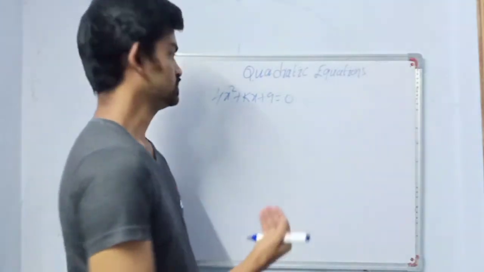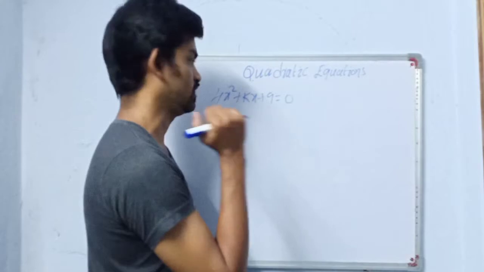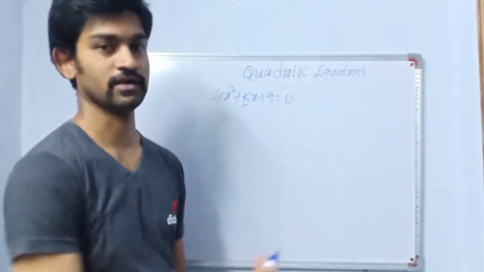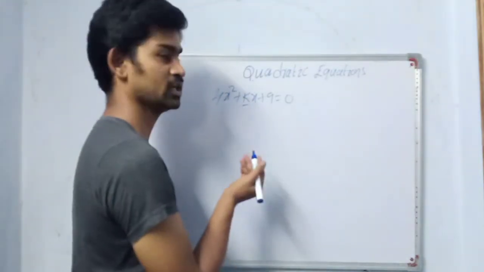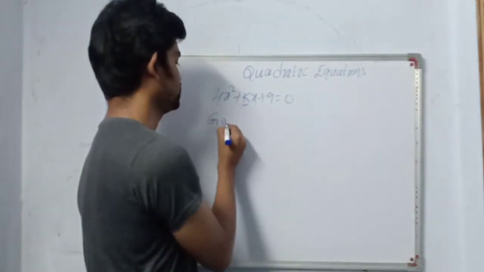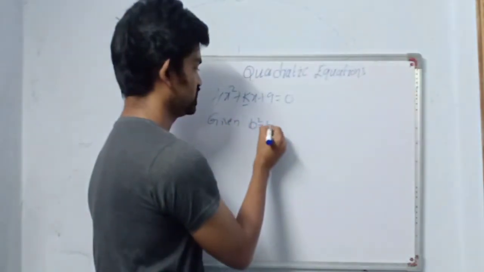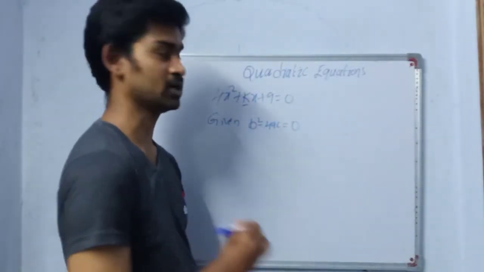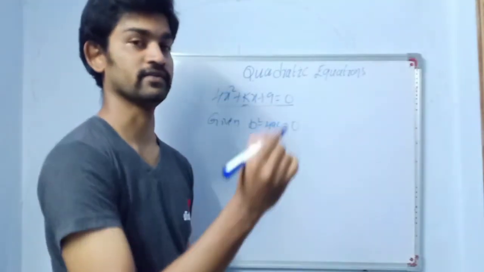The question will be: the given quadratic equation has real and equal roots, find the value of k. So here the coefficient is not given, k is given, but a hint is given that roots are equal. If roots are equal, what is the condition we have to write? Given b square minus 4ac value is 0. Why is it 0? Because he already said the given quadratic equation has equal roots.